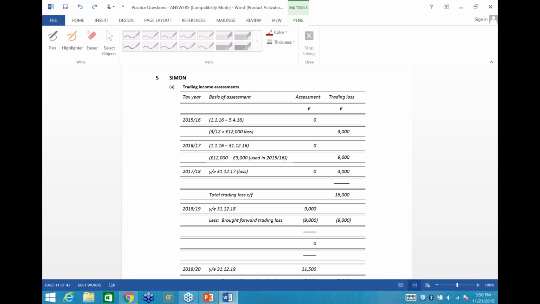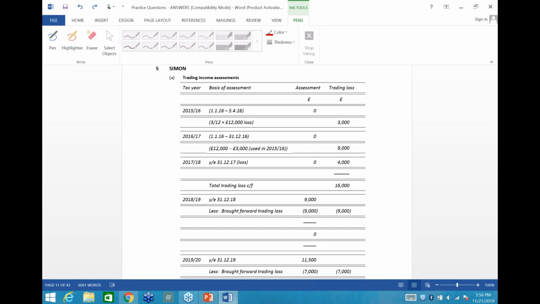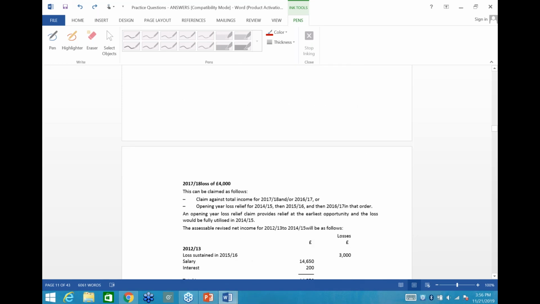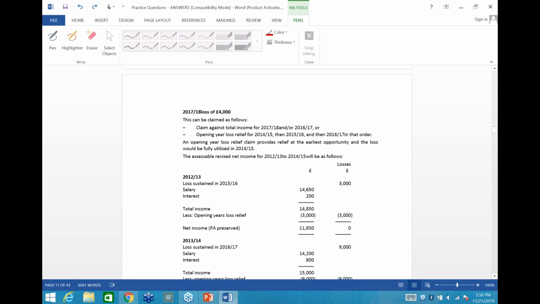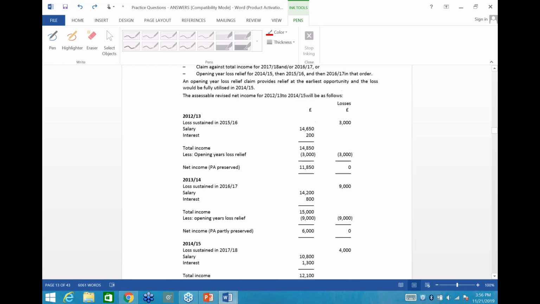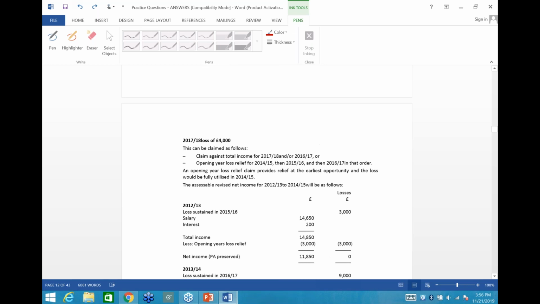Now, how do we apply these opening year rules? The very first thing that you have to do here is identify your very first tax year.